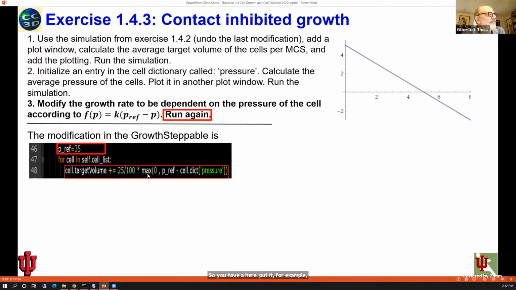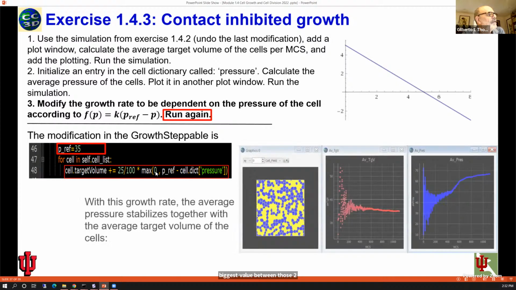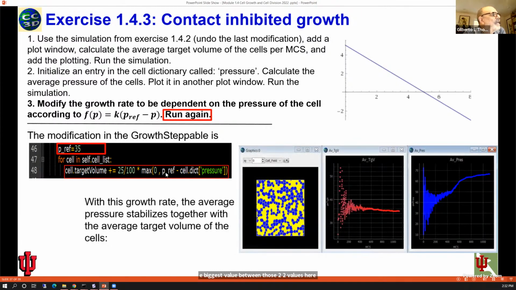This function max always gives you, as a result, the biggest value between those two values: 0, and P reference minus cell pressure. So it's never going to be negative. This is to prevent the cell's target volume from decreasing. So either 0 or a value bigger than 0.